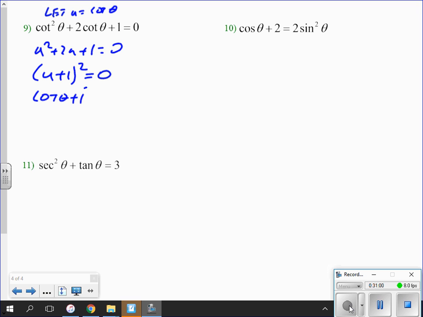Cotangent of theta plus 1, squared, is equal to 0. Cotangent of theta plus 1 equals 0. Cotangent of theta equals -1. Where does that equal -1? 3 pi over 4 and 7 pi over 4, where the sine and cosine are the same, just opposite signs. 3 pi over 4 and 7 pi over 4.